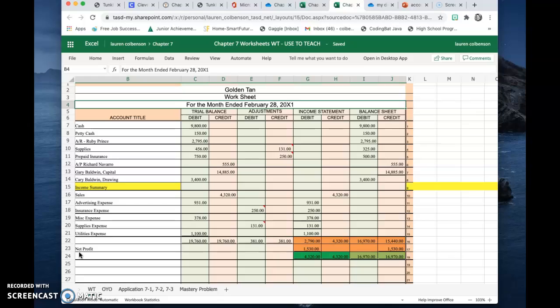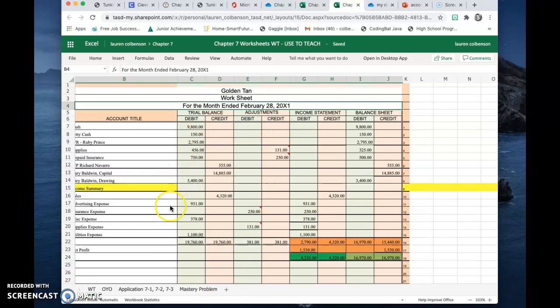Now, you can see on page 168 of the book, there's an example of a net loss. And page 167, the page before it, is an example like we have here for Golden Tan, where they have a net profit. Now again, this is what the work together should look like for chapter 7.